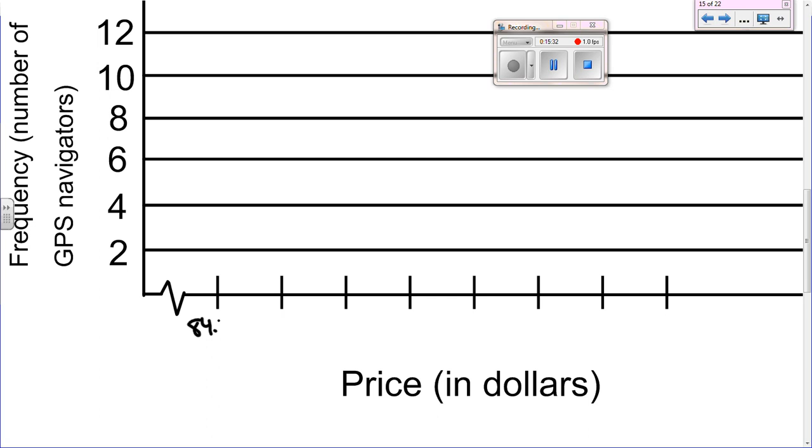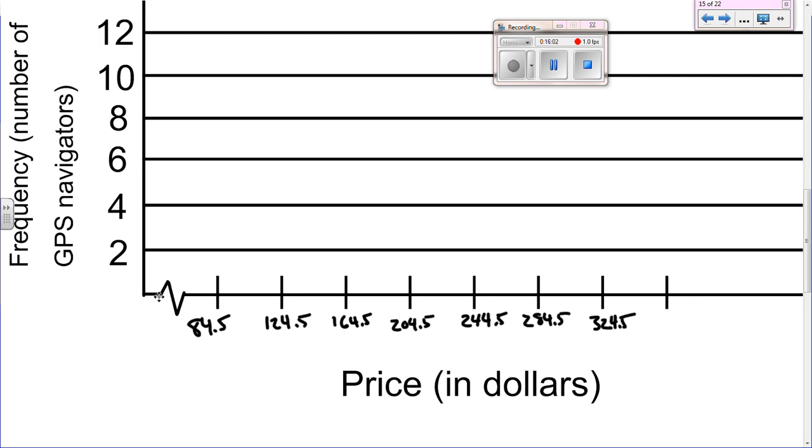So 84.5, 124.5, 164.5, 204.5, 244.5, 284.5, 324.5.